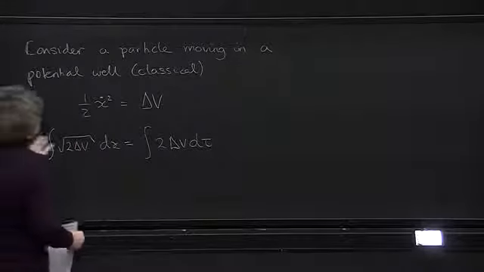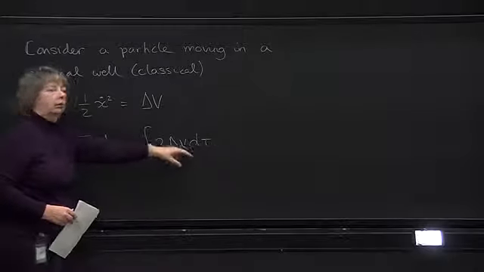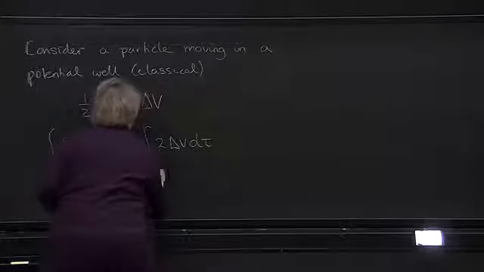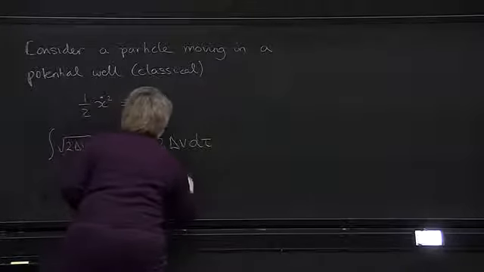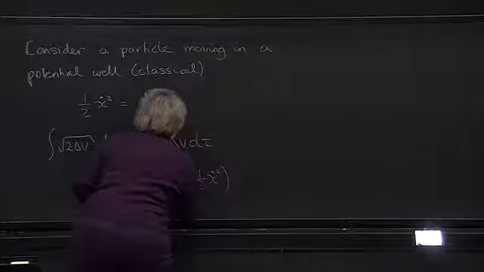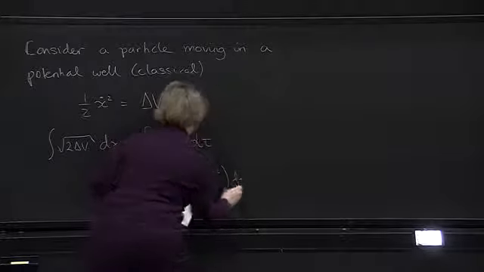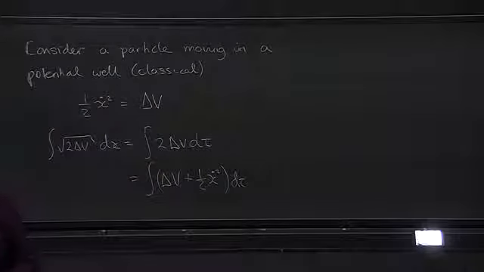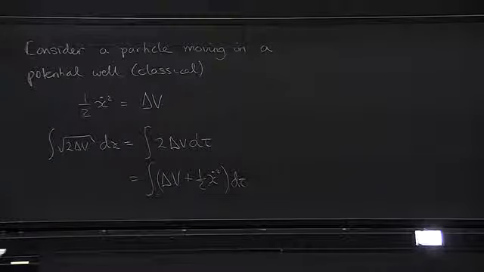Well, I turn it into a time integral, and then I write that as the integral of delta V plus a half x dot squared d tau. Now that looks like a standard Lagrangian. It's got a kinetic and a potential term.